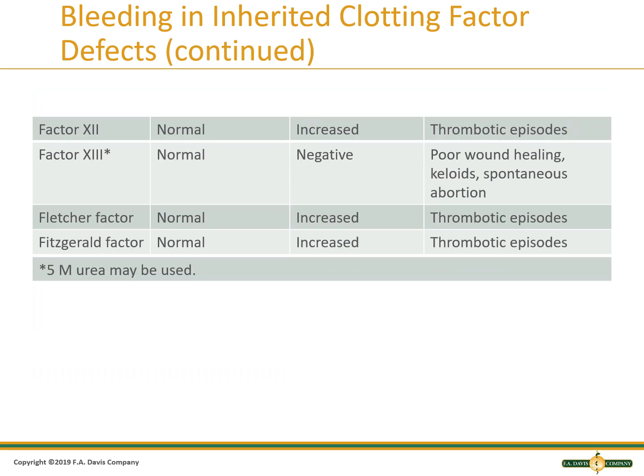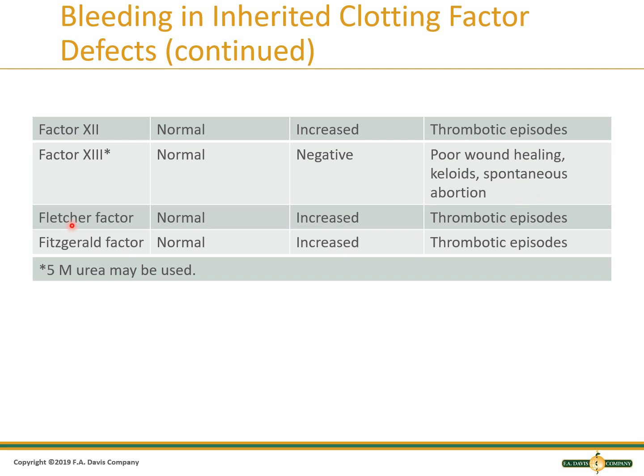For factor 13 that we just discussed, you're going to have a normal PT, a normal or not abnormal PTT. Symptoms may include poor wound healing, keloids, or spontaneous abortion.